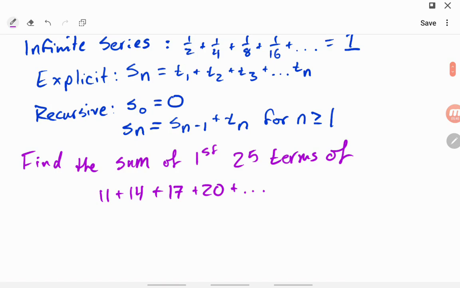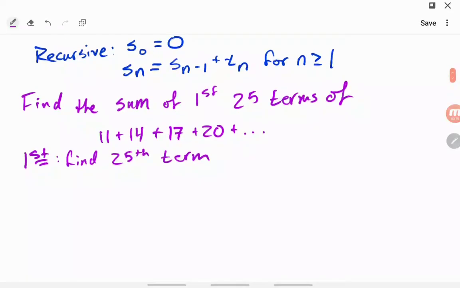So our first step is to find the 25th term. Because if I want to find the sum of these, I'm going to need some sort of a formula.